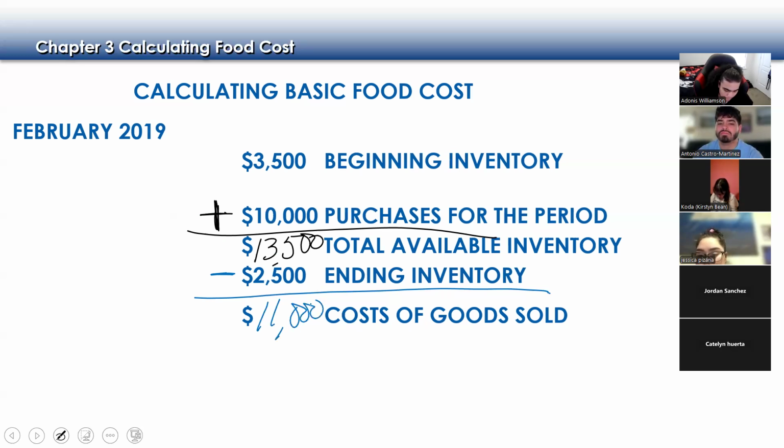That means during the month of February, I spent $11,000 in ingredients to make all the food and the beverages that I sold. It's the cost of goods sold. So everything that I sold, it cost me $11,000 in ingredients to make that. Okay? Questions, comments, concerns about that?